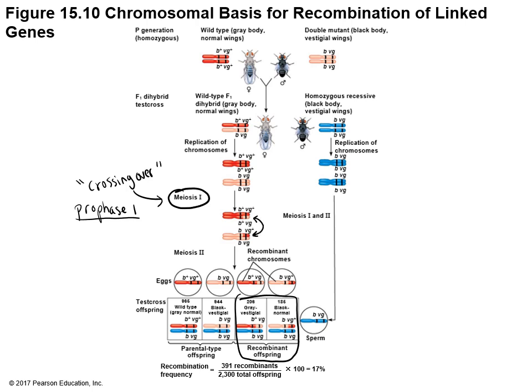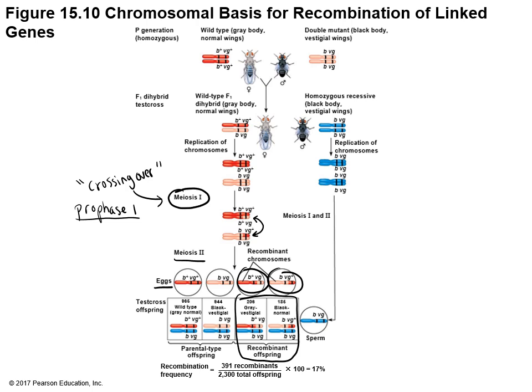Okay. So VG plus and VG were switched. So after meiosis 2, we separated those sister chromatids, and we get the two recombinant chromosomes at the end of meiosis in each of the eggs.